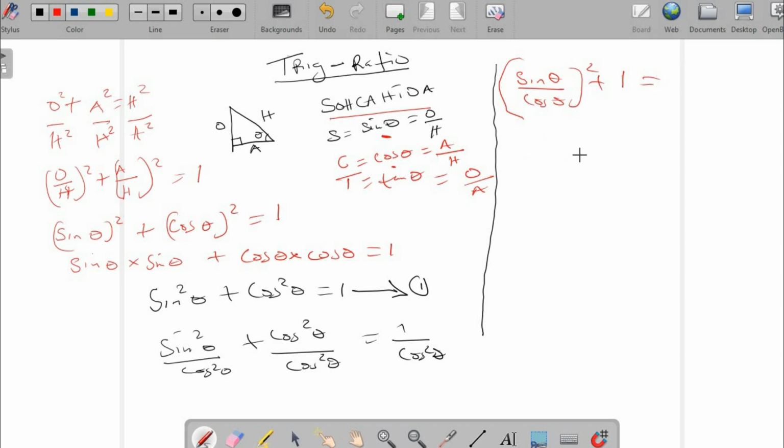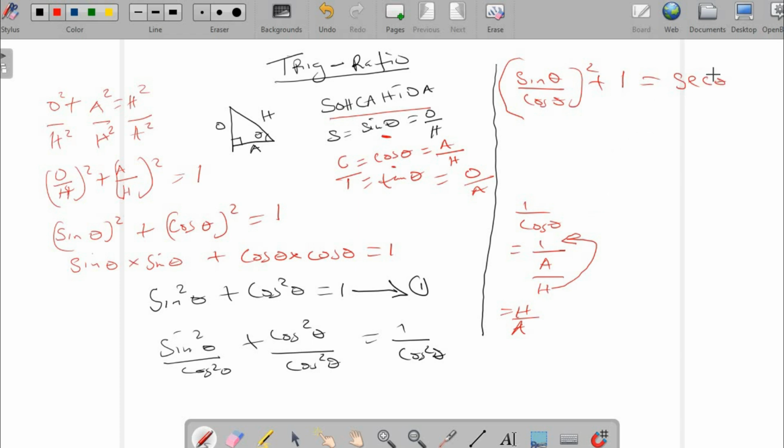Remember that 1 over cos theta is 1 over A over H, which when you take it up, H times 1 gives H over A. The inverse of cos theta is called sec theta.